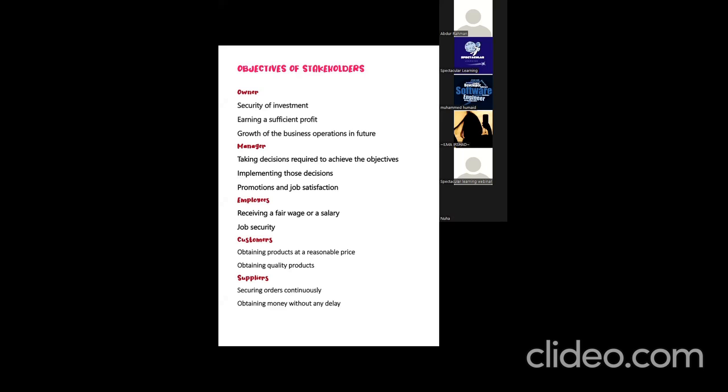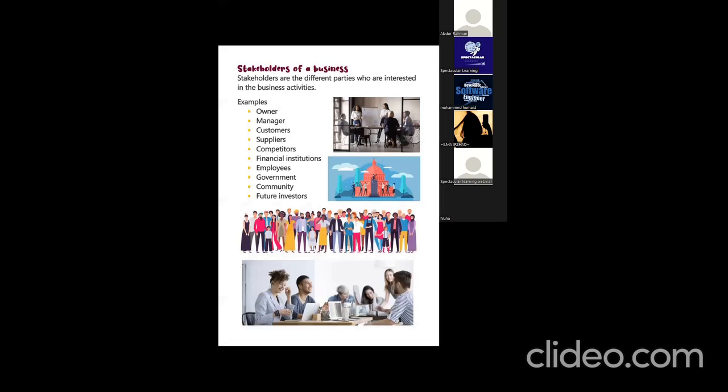Somebody asks, who is a stakeholder? Stakeholders are the different parties interested in the business. The people who are involved in the business are called the stakeholders. Did you understand that, the person who asked who are stakeholders?